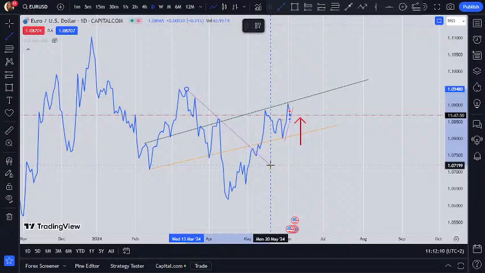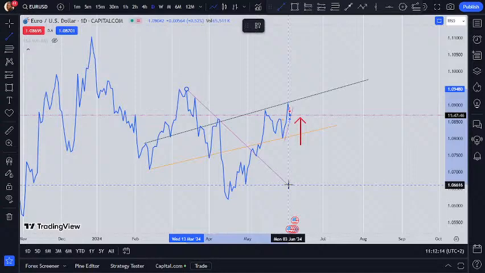You see those trend lines on the line chart. Of course, it doesn't work all the time. No strategy works all the time. You just need it to work 40 or 50% of the time, and you'll be profitable. The important thing in this game is being profitable.